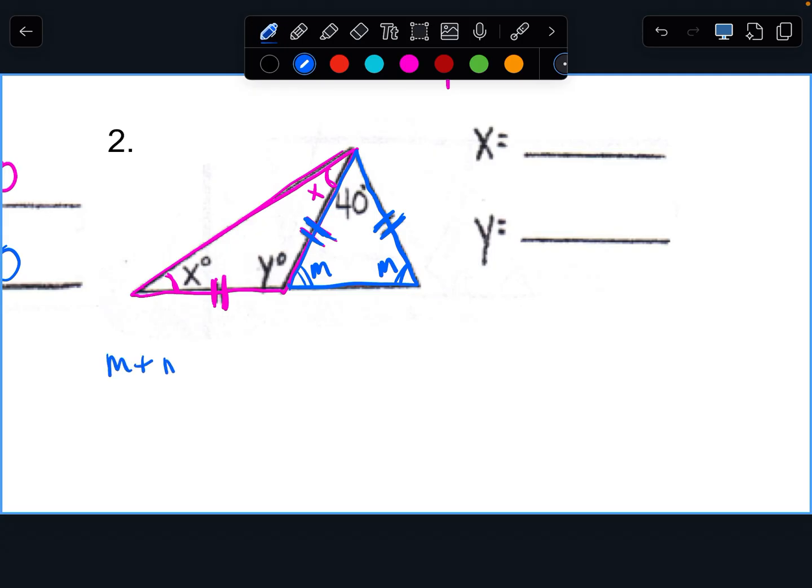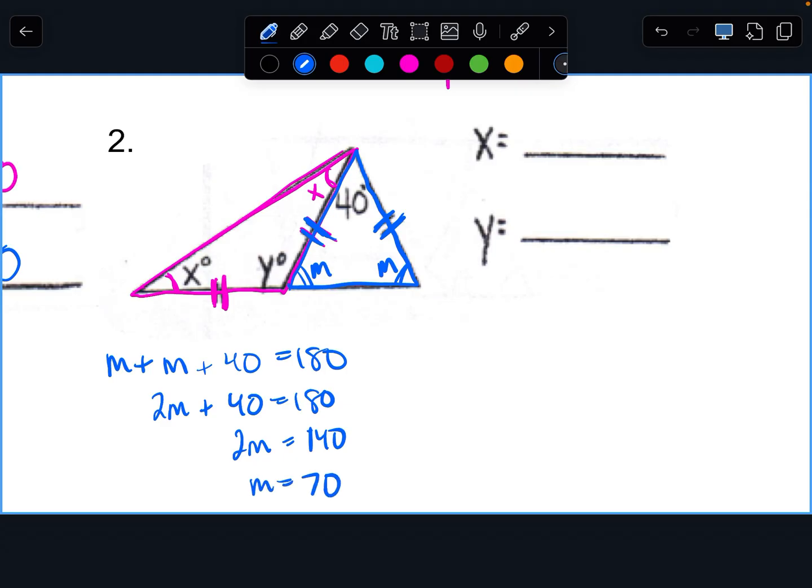So I'll just write 2m plus 40 equals 180. And then I'll use it to figure out the y and the x. So I get 2m plus 40 equals 180. So 70.